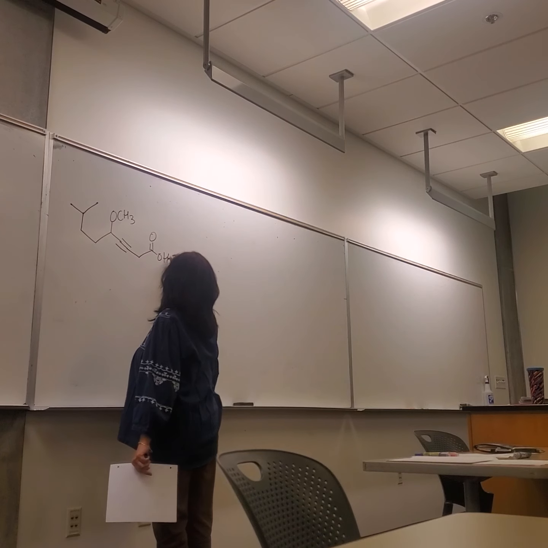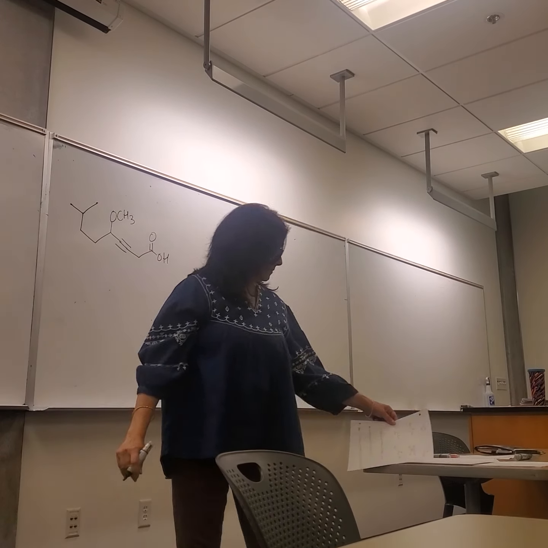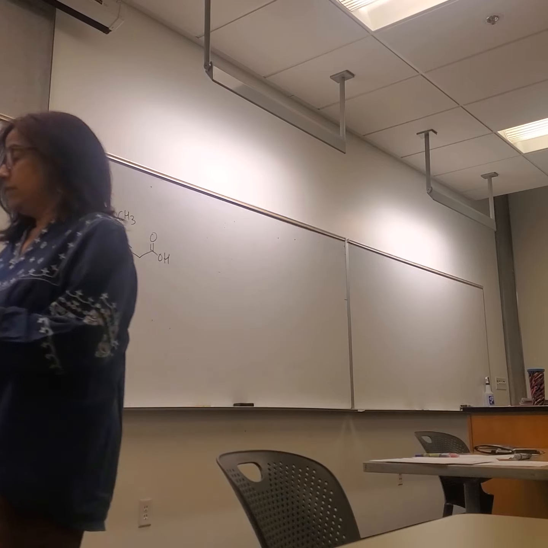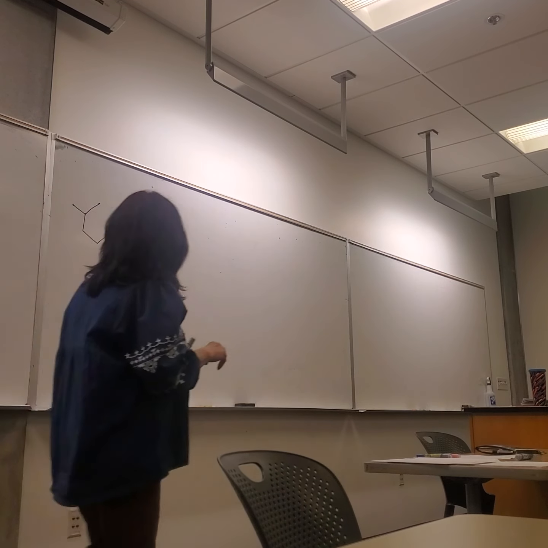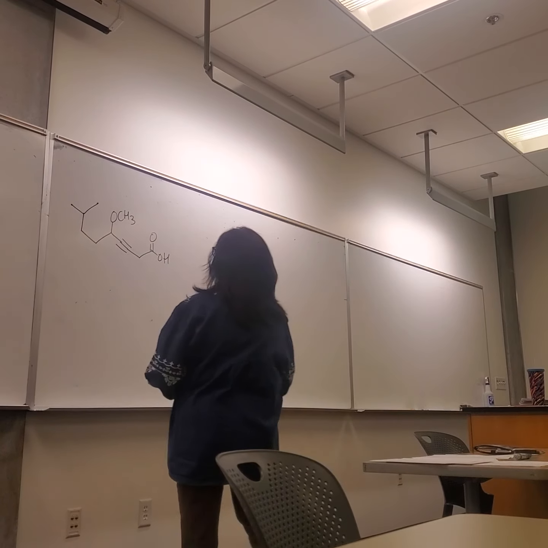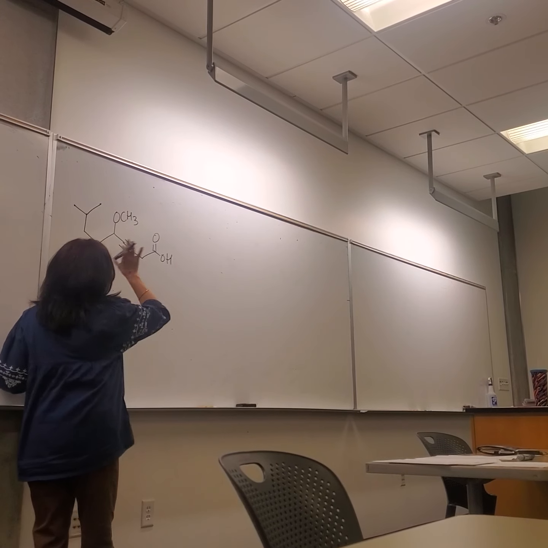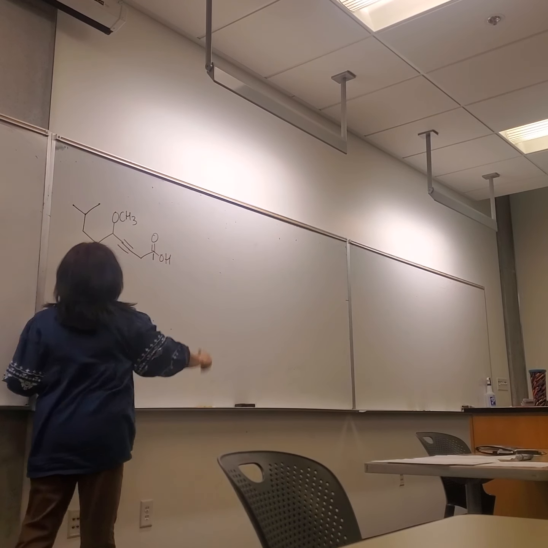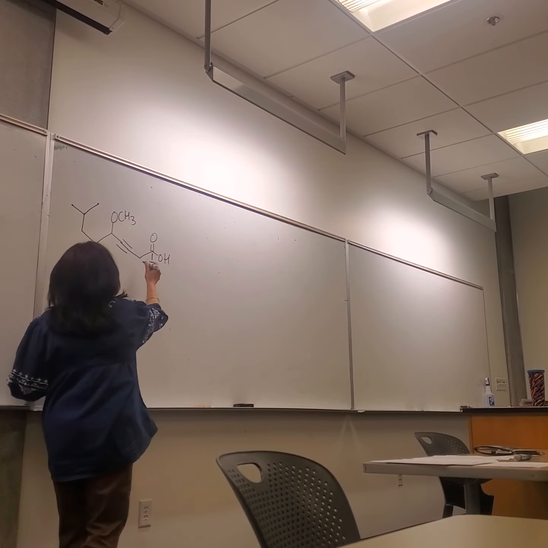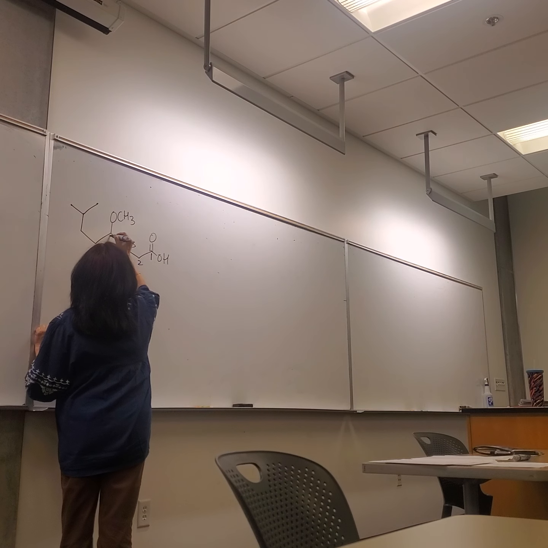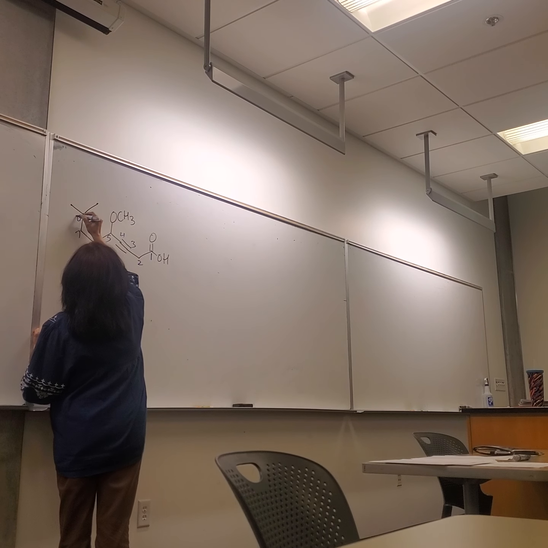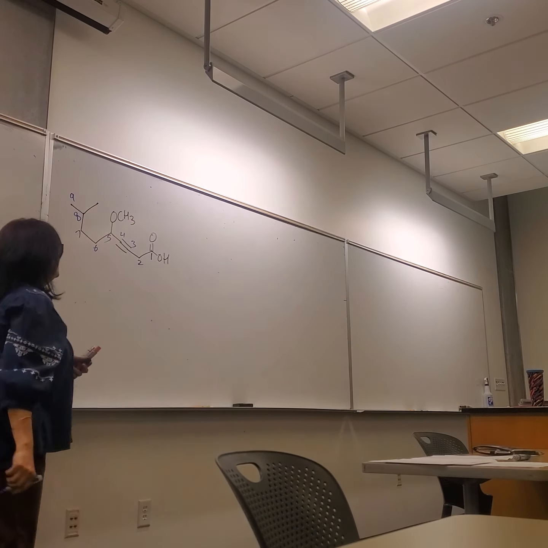What's the parent? Non-ene. Is it non? Okay, cool. So where do I start numbering the parent from? The carboxylic acid. Perfect. 1, 2, 3, 4, 5, 6, 7, 8, 9. Agreed? Okay.